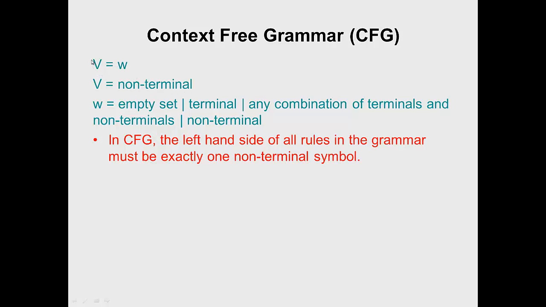So the left side of all rules in a context-free grammar has to be exactly one non-terminal symbol. The right side of the rules in a context-free grammar, CFG, can be anything. It can be an empty set, or a terminal, or any combination of terminals and non-terminals, or a non-terminal.